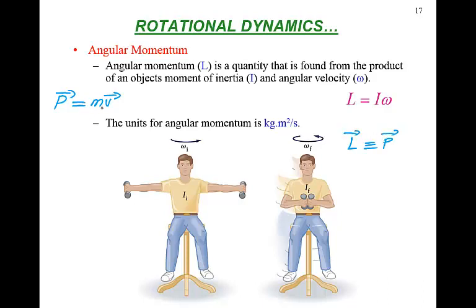You can relate the mass, which is the linear inertia, to the moment of inertia. And finally, you can relate the angular velocity to the linear velocity. And that's what the angular momentum is, and it is indeed a vector quantity.